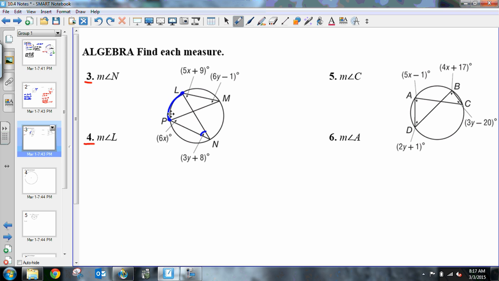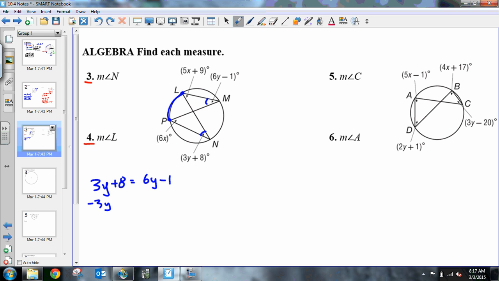Now I don't know any information about this arc, but I do know that I have this other inscribed angle here that also shares the same arc. If they share the same arc, remember that these two angles are congruent. So if I'm trying to find angle N, I can just set up an equation and say 3y plus 8 is equal to 6y minus 1, and I can solve for y.